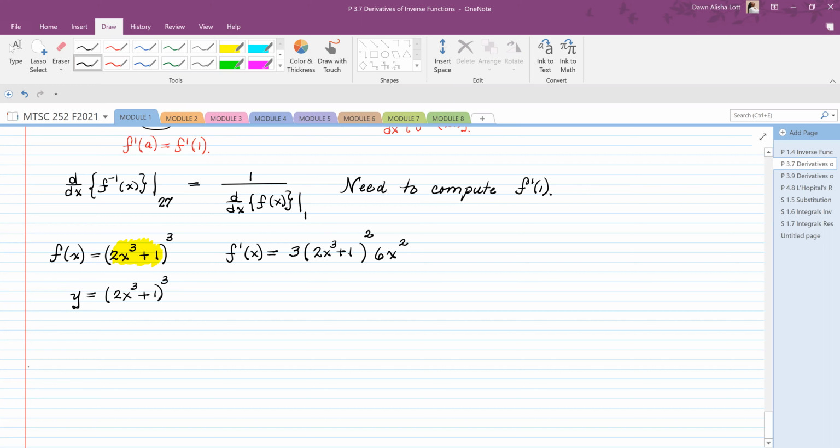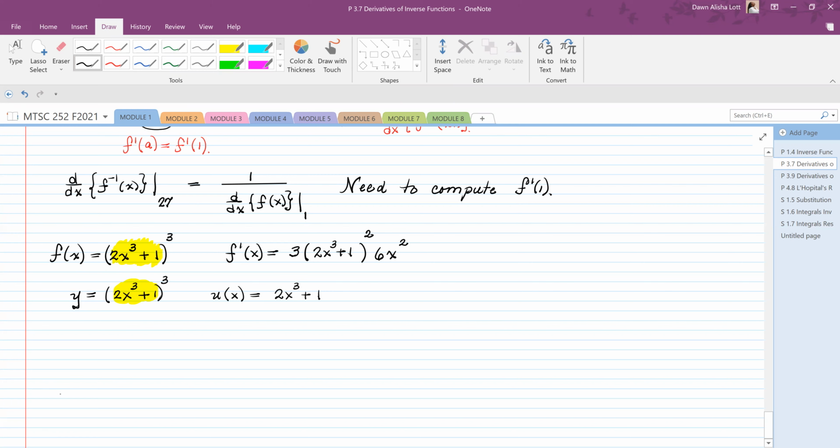We're going to let that be y, and we're going to identify the inside function as u, as 2x cubed plus 1.